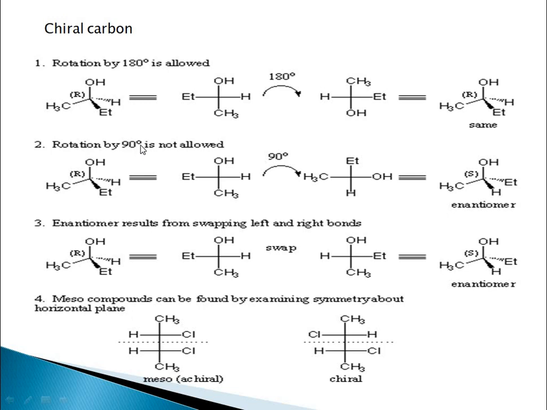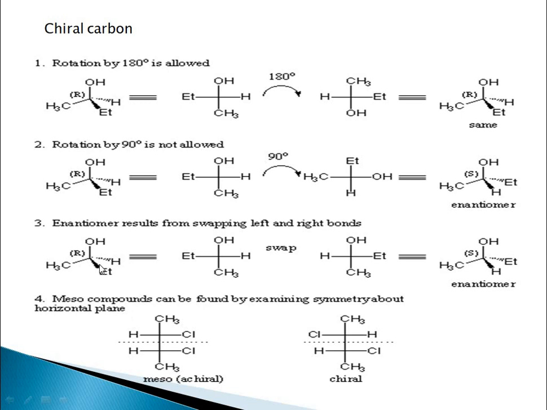Now there are certain principles that rotation by 180 is allowed, rotation by 90 is not allowed. Rotation by 180 is along the plane of the paper. Rotation by 90 is not allowed, because in that case we will get the other enantiomer. The enantiomer results because if we swap left and right bonds, if we just exchange these two bonds, we will be getting the enantiomer of this.